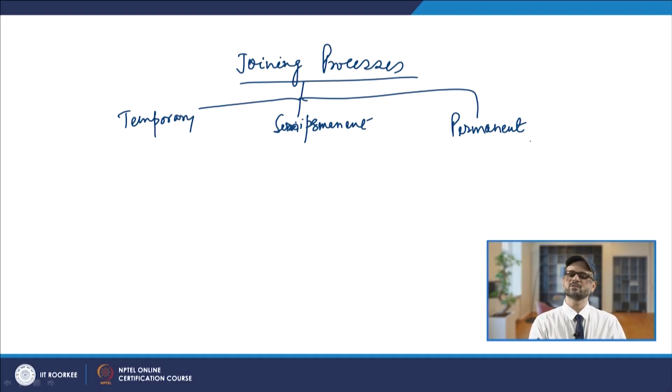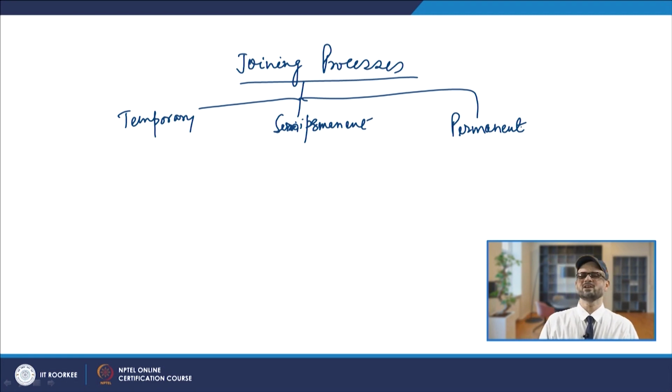Nothing remains, both of them are to be altered again for further application. So, when we talk about welding metallurgy, this is basically the classification of welding processes, and we are going to talk about the processes which come under these permanent type of joining processes.